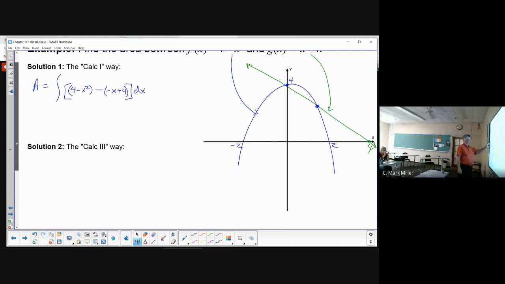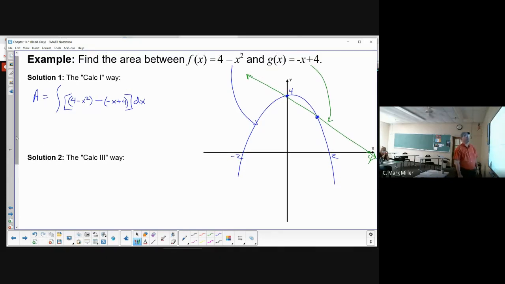How do we figure out what the x coordinate is there? We set 4 minus x squared equal to minus x plus 4.